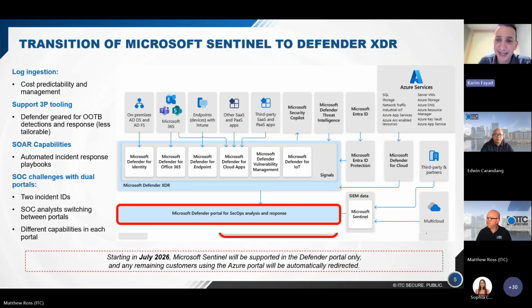We also introduced automation capabilities, what we refer to as SOAR, security orchestration, automation and response. We supported customers in building logic apps and Azure functions to create that automation for threat management.